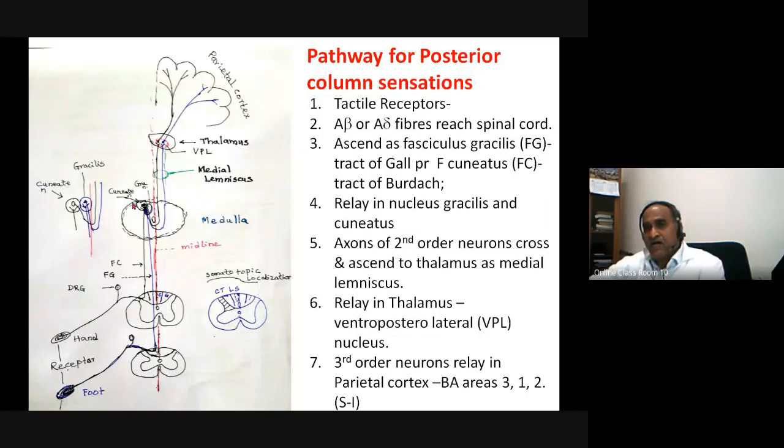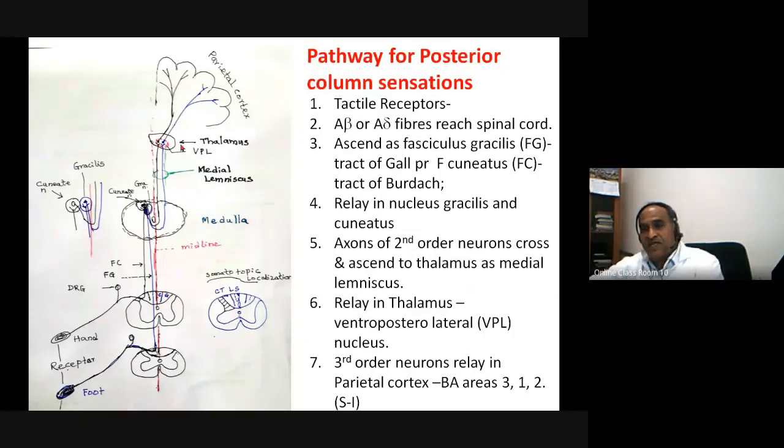In the medulla, you have the nucleus gracilis and the nucleus cuneatus, where they relay, and then cross over to the other side and ascend to the thalamus as second order neurons, as the medial lemniscal bundle. When they are crossing in the medulla, they form the internal arcuate fibers. So that is the curved position.